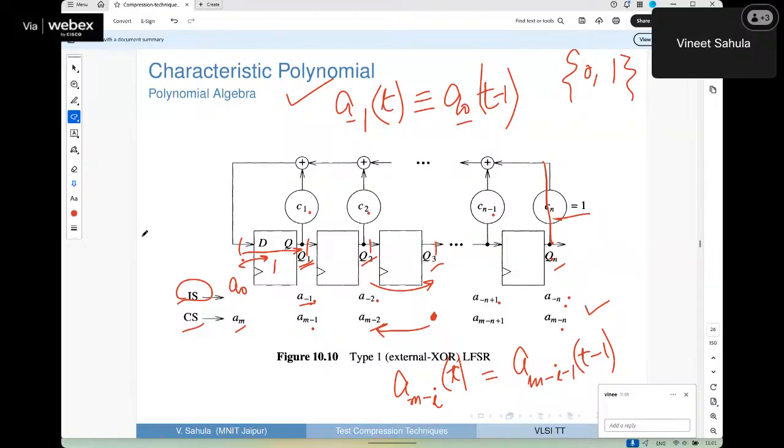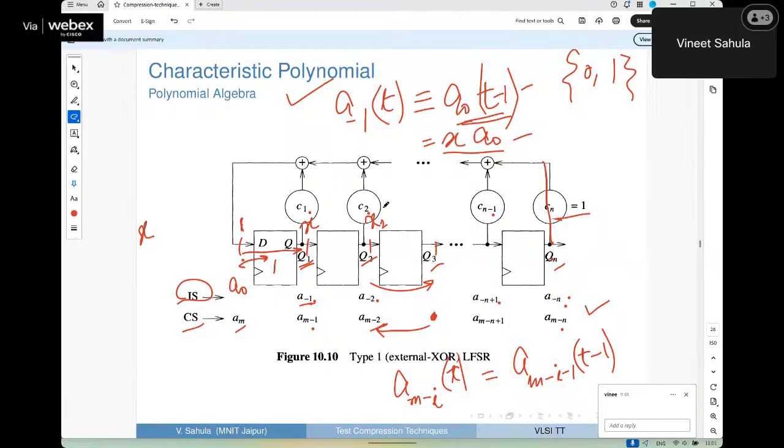Because my delay is represented by X, one delay, I can transform this and say that it is X multiplied by A0. Both are indicative of delay. So X A0 means A0 divided by X. So can I write here that if this is 1, can I write X here divided by 1?